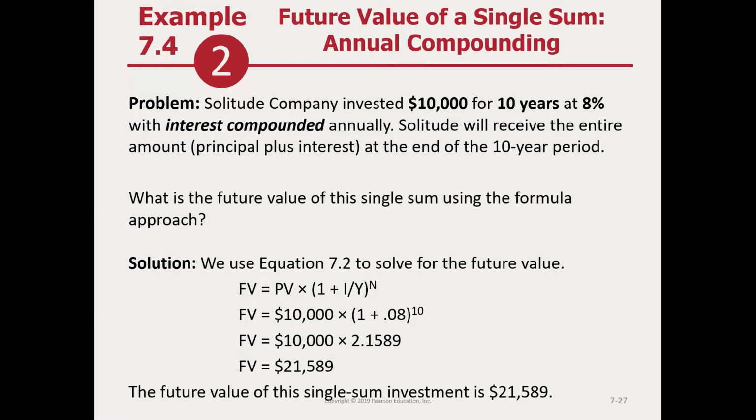So the future value is 10,000 times 2.1589. You get the 2.1589 by raising 1.08 to the 10th power. So the future value of the single sum investment is $21,589.